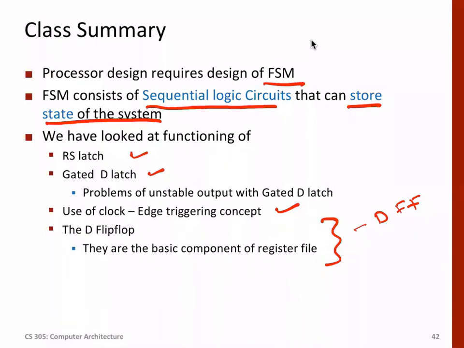A register is a very important part of processor design because it can store states. Not only is it used for storing temporary data, but registers are also used as counters, for example the program counter or instruction register, and many other places. That's all for today.